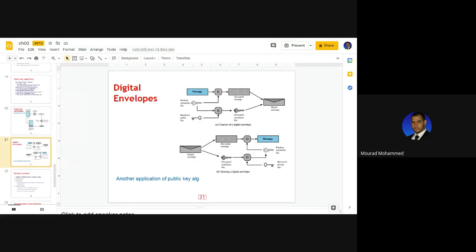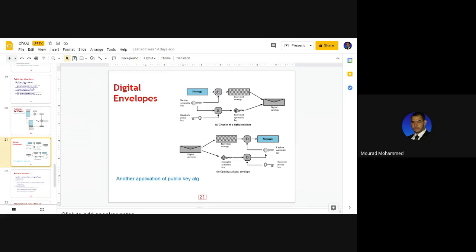We defined the digital envelope, through which we saw clearly the role that asymmetric cryptography plays here. We are encrypting the media using a secret key, and the sender then encrypts the key itself.